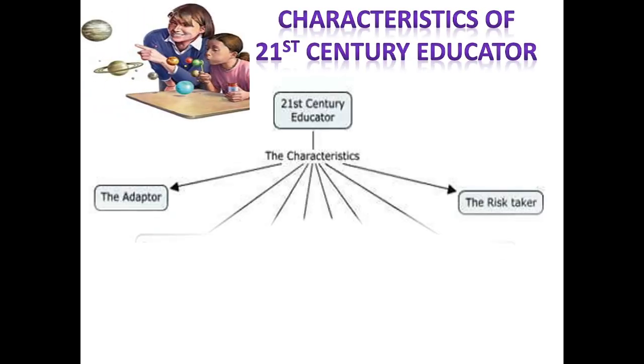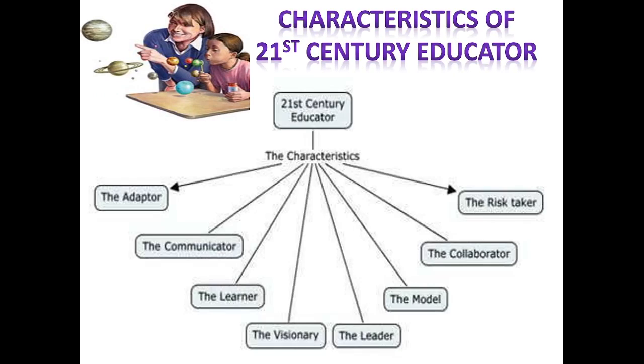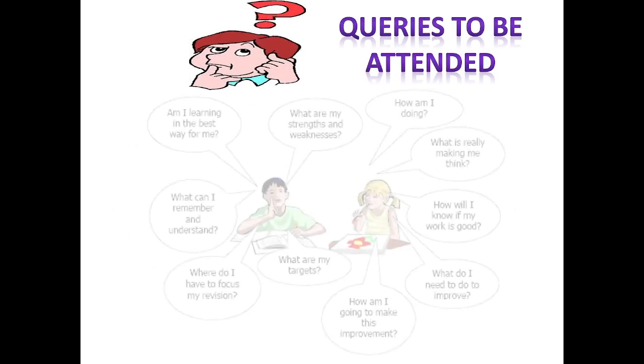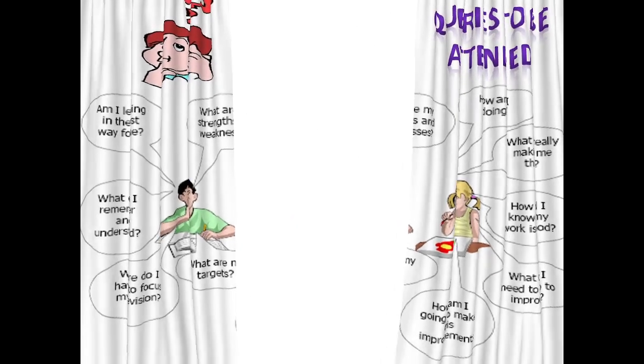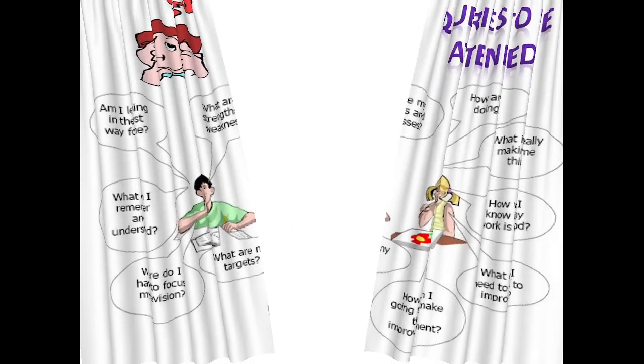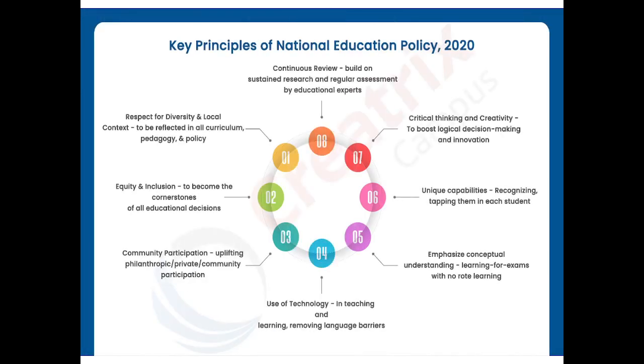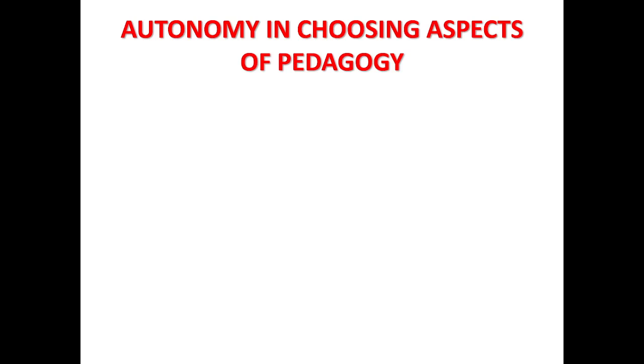The 21st century educator has a lot of tasks at hand, and has to answer so many queries by the child. What are my strengths, what is my weakness, how am I doing, what is really making me think, and so many questions we have to answer. To do this, the National Education Policy 2020 gives some key principles: use of technology in teaching and learning and removing language barriers.